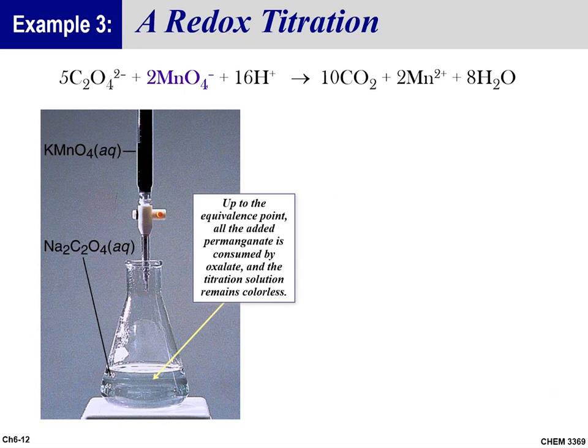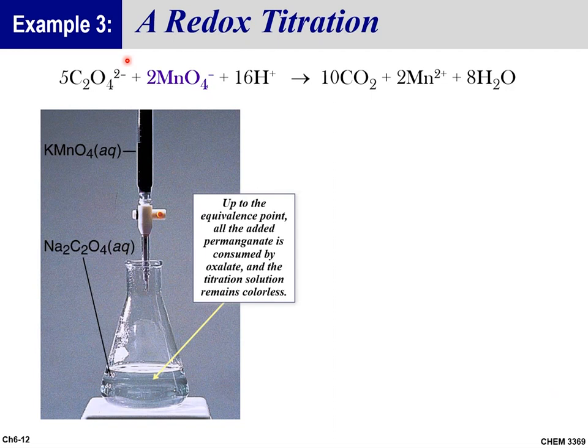So one species is oxidized, the other species is reduced in this titration. As an example here, we have potassium permanganate, KMnO4. It dissociates into permanganate ions in the solution, which is a strong oxidizing agent. The permanganate has a very intense, dark purple color.